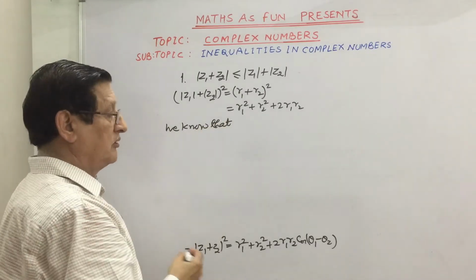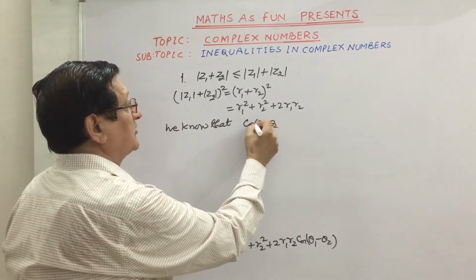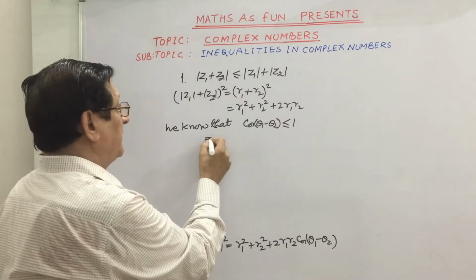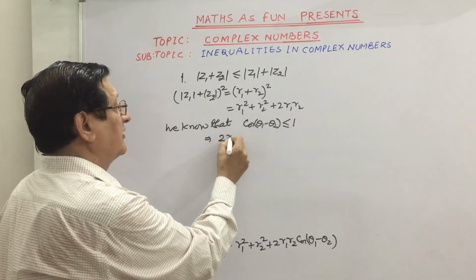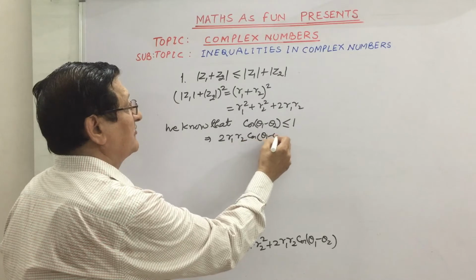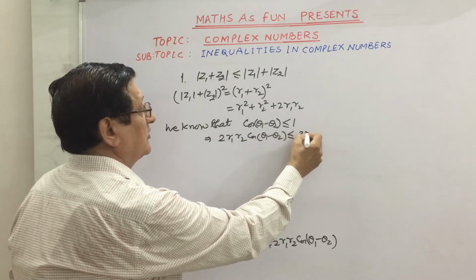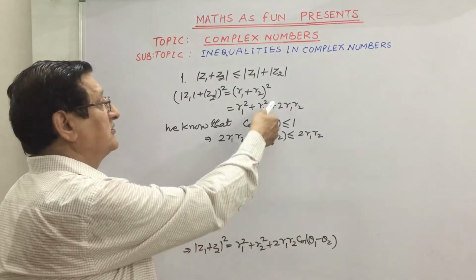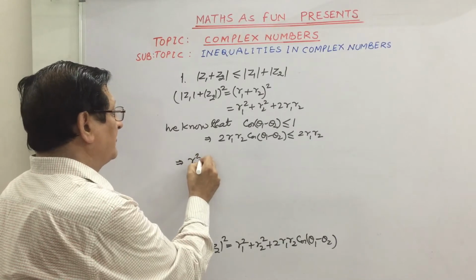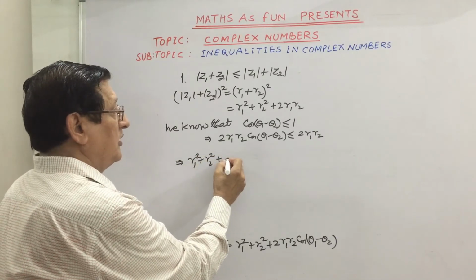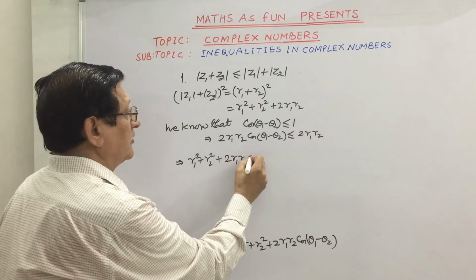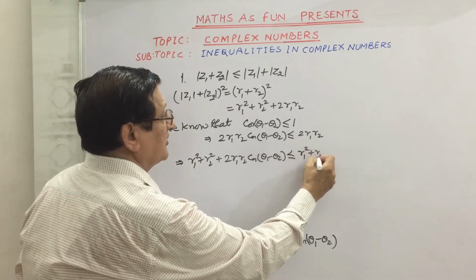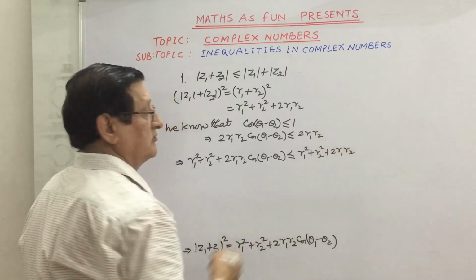Now we also know that cos(θ1 − θ2) is always less than or equal to 1. If we multiply 2r1r2 on both the sides, we will get 2r1r2 cos(θ1 − θ2) less than or equal to 2r1r2. It means this part is lesser than this. So we are getting here that r1 square + r2 square + 2r1r2 cos(θ1 − θ2) is less than or equal to r1 square + r2 square + 2r1r2.